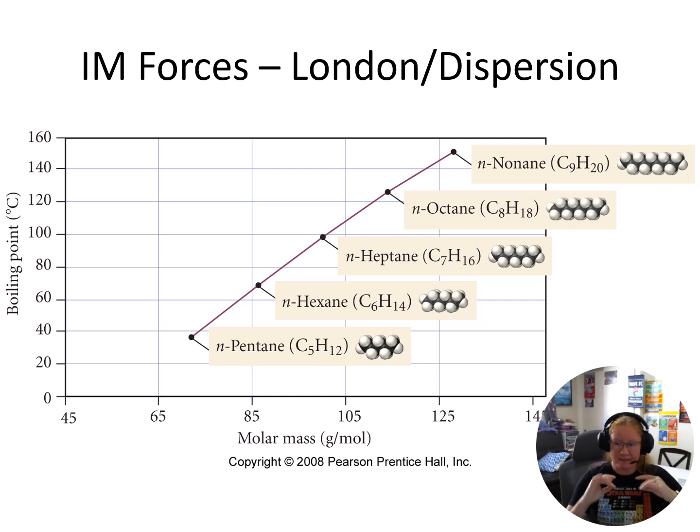Because remember, these forces are holding things together. If I have a small area of these things held together, there's not very many points of attraction. But if I have something bigger, I have more points of attraction. So not only does nonane have a larger molar mass, but nonane is also bigger physically. And so there's more points where there can be attraction that drives the boiling point up.